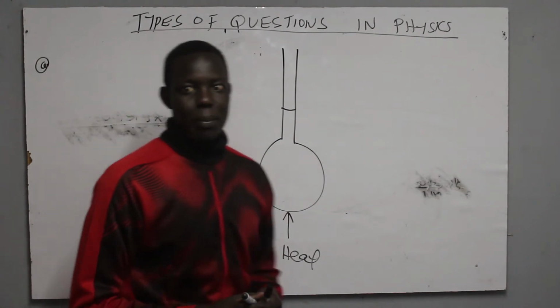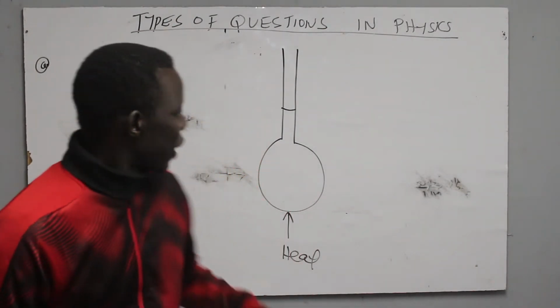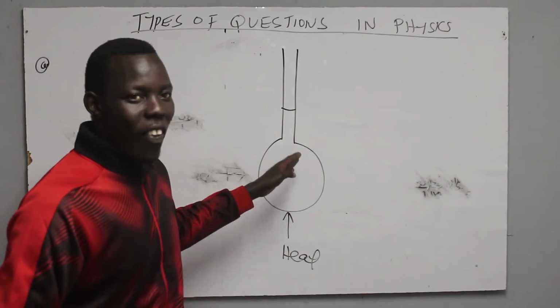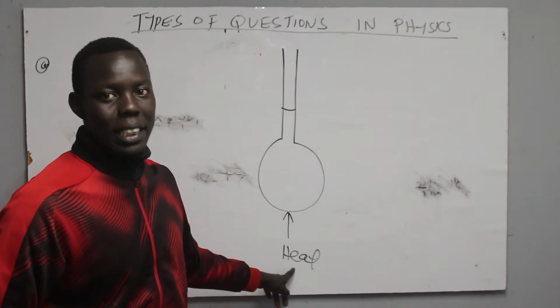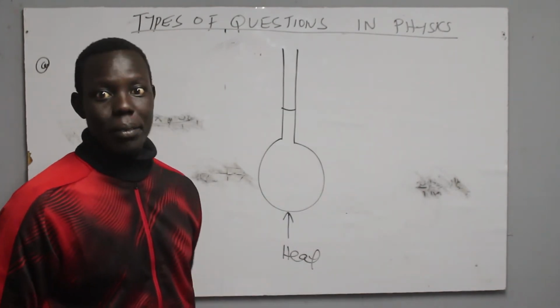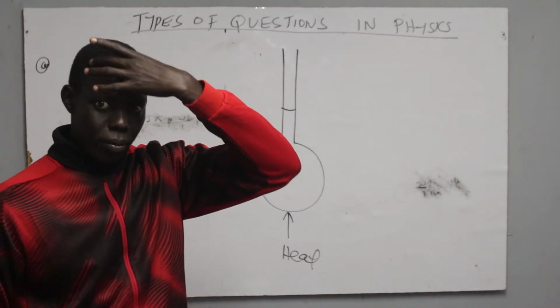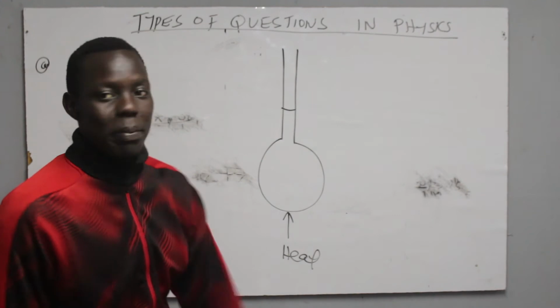So there are 2 types of examiners. You will use which one in case you become a teacher. There's one who will tell you, state the observations made when the flask is heated, then explain. So you will get 2 marks for stating, then for explaining.